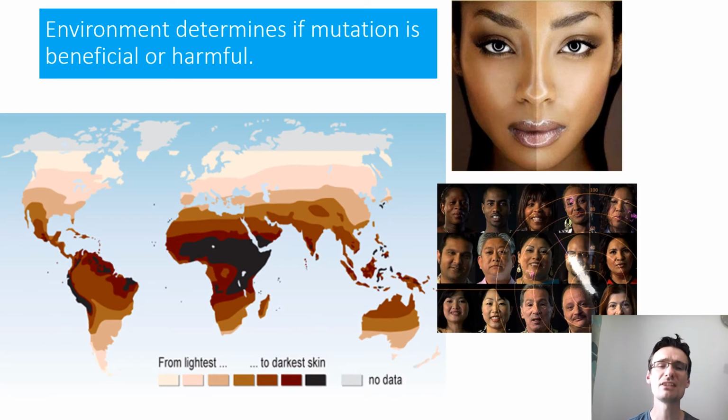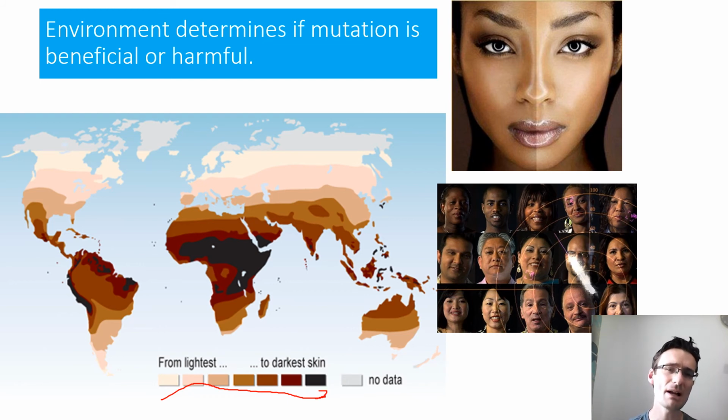The environment is the final thing that really determines whether a mutation is beneficial or harmful. And skin colour is a good example of this. From the palest skin colour to the darkest skin colour, you can see on this graph the variance of skin colour.